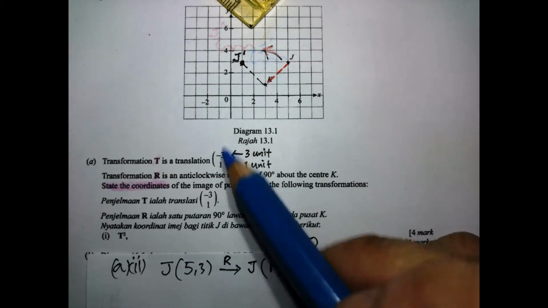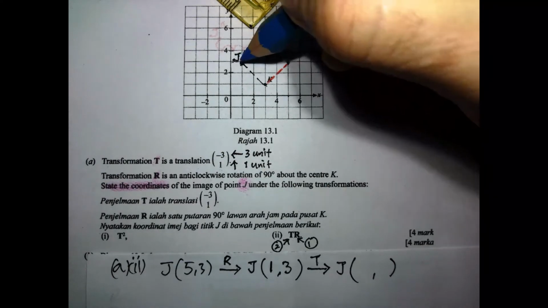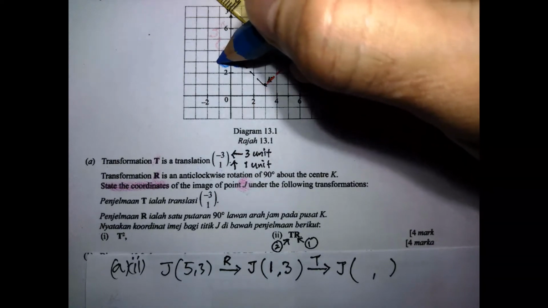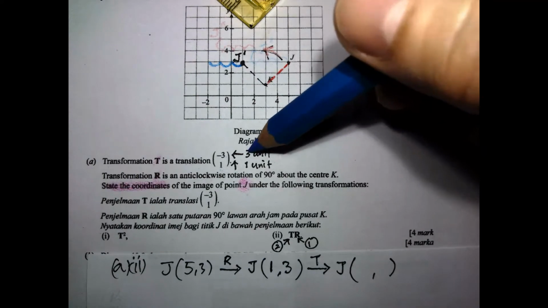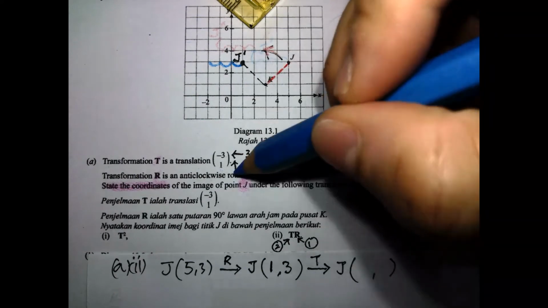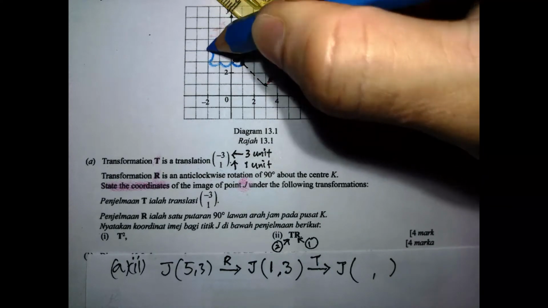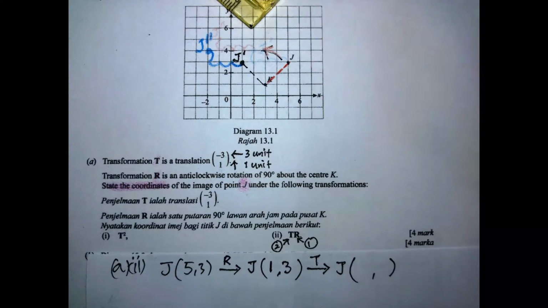Positive is going up or right, negative is going left. Starting from here, 1, 2, 3, 3 units going left, and continue from here, 1 unit going up.